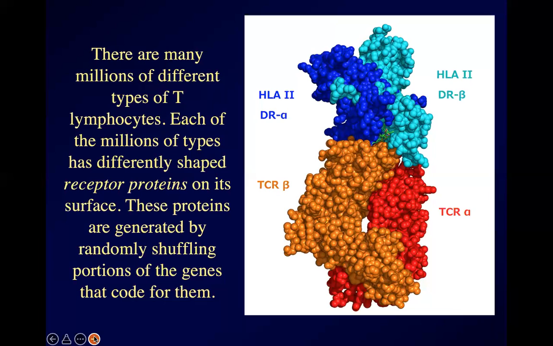So this is an exception to the rule that almost all of your cells have the same DNA, just different parts of it active or not. And that's a computer model right there of what one of these receptor proteins looks like. And they sit on the surface of the cell.